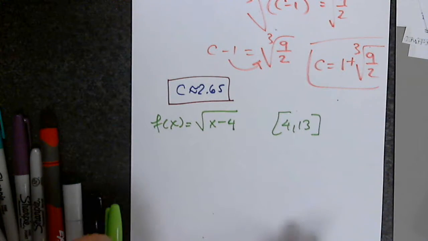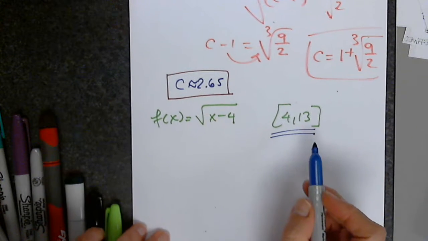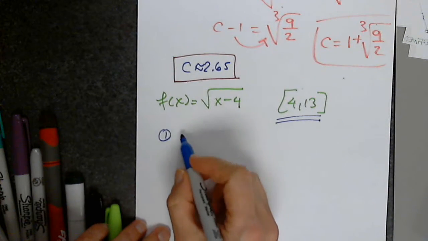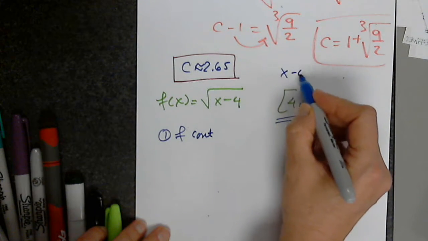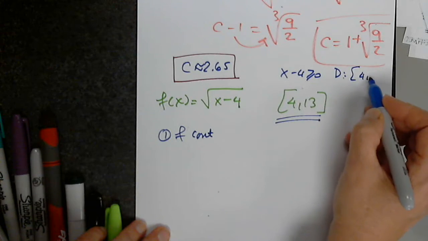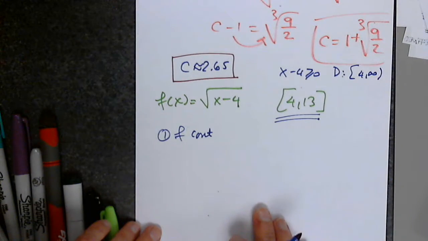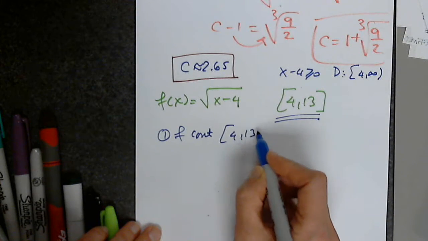So I start right away with f continuous. Because see, x minus 4 has to be greater or equal to 0, so the domain is 4 to infinity. So it's a continuous function on 4 to 13.